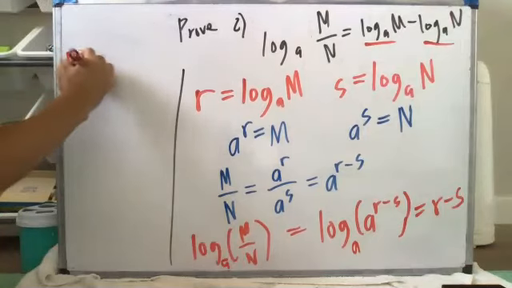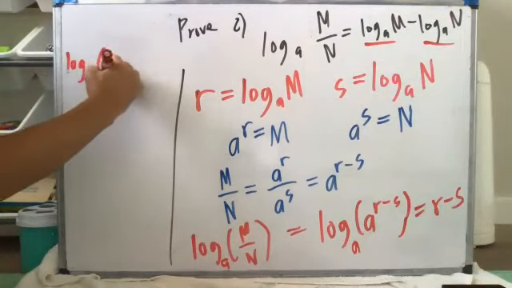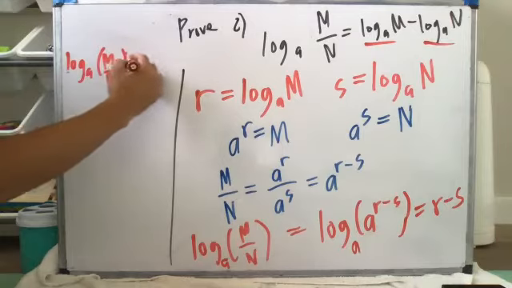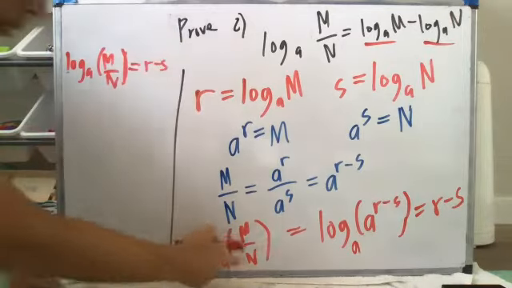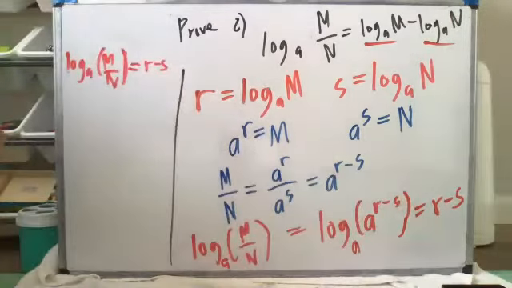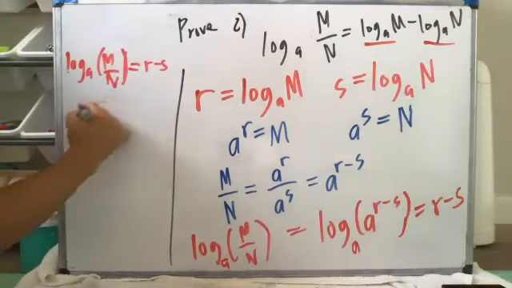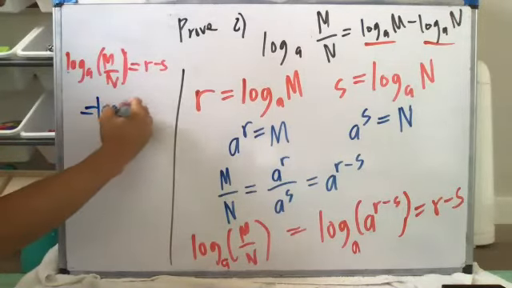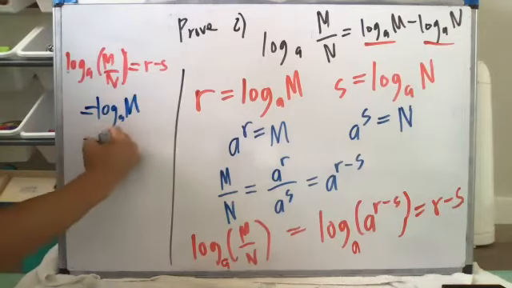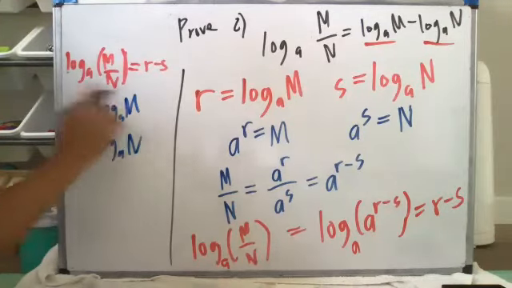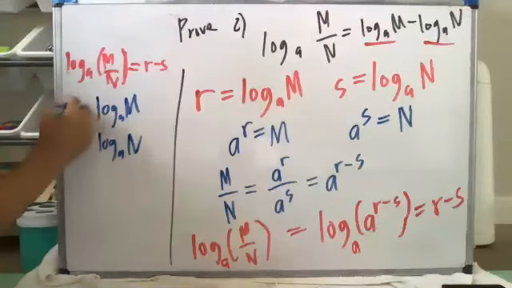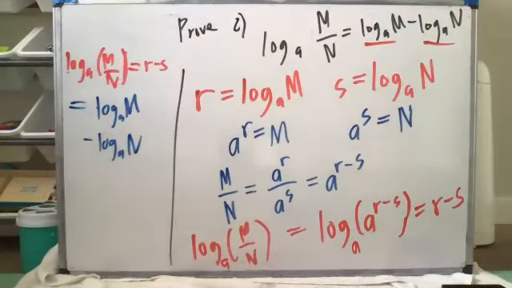So log base a of m over n is equal to r minus s, right? This part is equal to that part. And I know r minus s is just log base a of m minus log base a of n. So there, we finished proving what we wanted to prove.